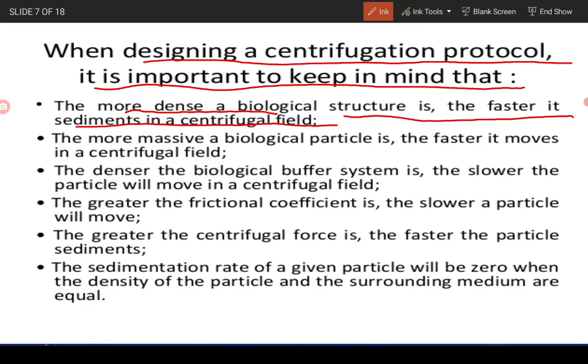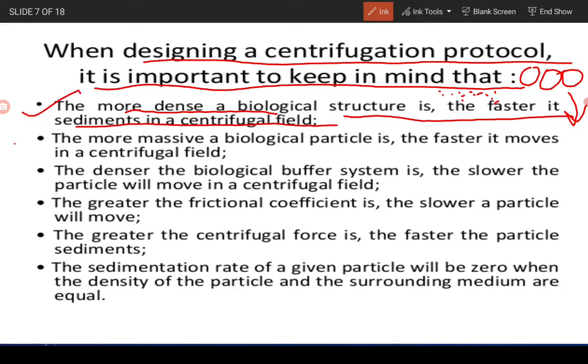So if those particles are larger or more dense, they will sediment faster, while those molecules which are small or less dense will sediment slowly.